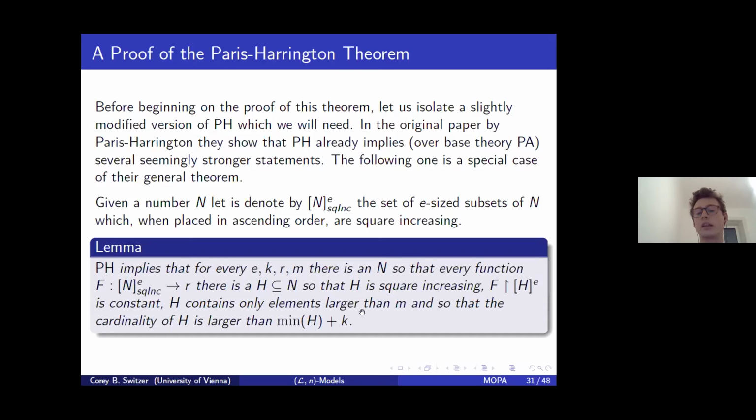H contains only elements larger than m, and the cardinality of H is larger than the minimum of H plus k. So we have that min H is greater than m, and min H plus k is smaller than the cardinality of H. So it's a sort of stronger square increasing version of Paris-Harrington.